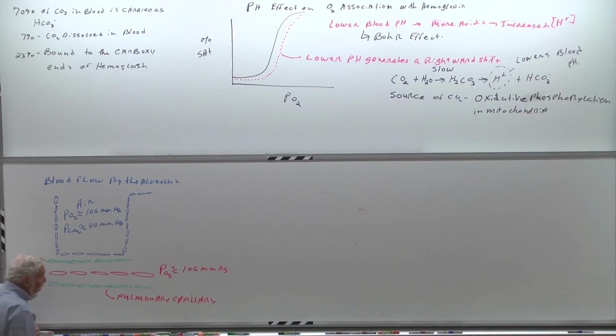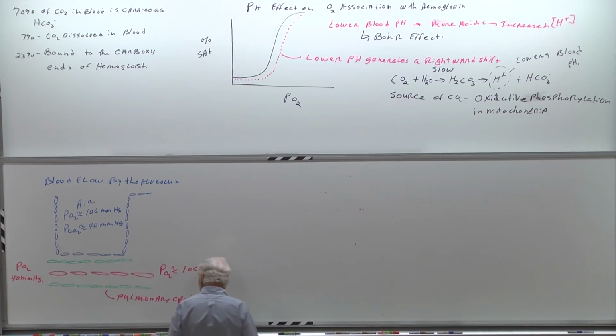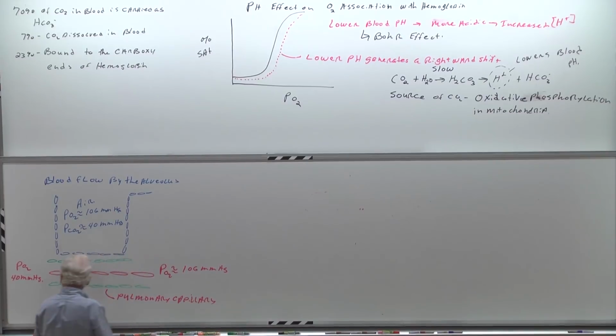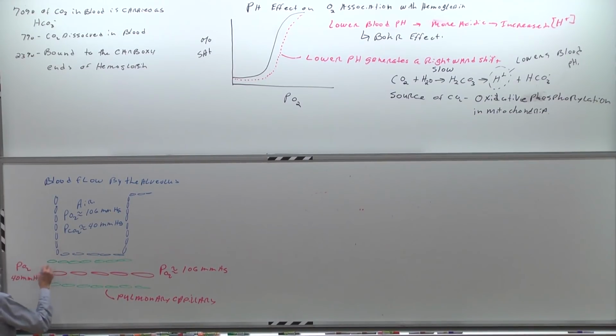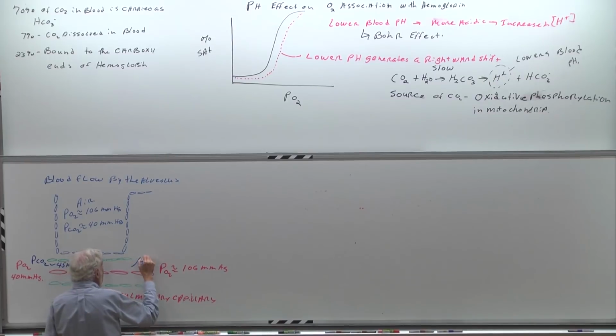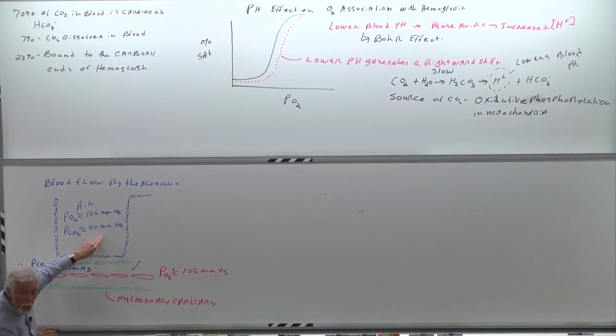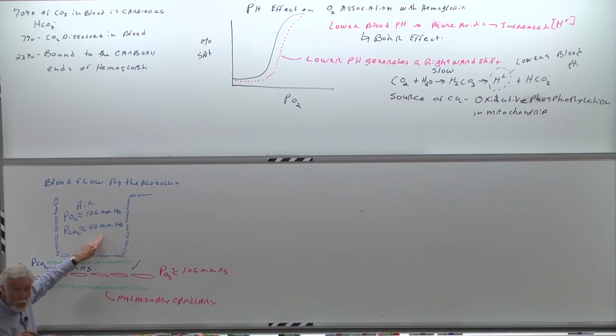But we also made a point, and I'll show you this in blue, that the PCO2 levels in blood are in the neighborhood on the venous side of about 45 millimeters of mercury. And when the blood exits, they've come to equilibrium with the pCO2 levels in the alveolar space.